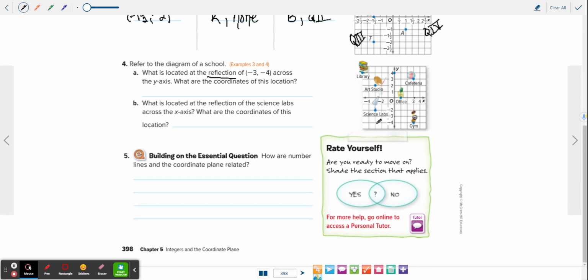We just go to negative 3, negative 4, and then the reflection is the gym. Kind of threw me for a second because there wasn't anything there at negative 3, negative 4, but they want the gym, which is at the reflection. Okay, and then we want to give the coordinates of that location. So remember, x goes first, so that's 3, negative 4.